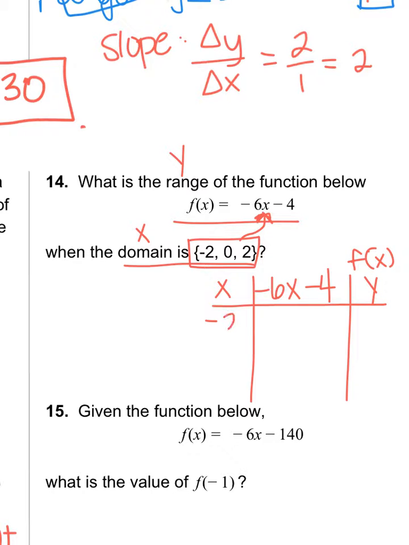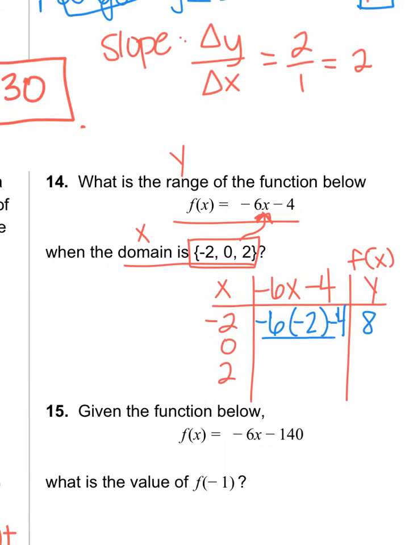So if our domain is -2, 0, and 2, we're going to plug in each one of those values for x. So we'll have -6, plug in our x value, -2 minus 4. So -6 times -2 is positive 12, minus 4 is 8.